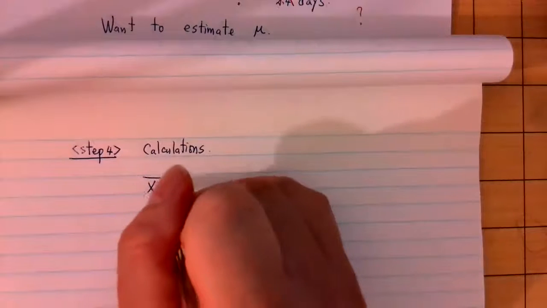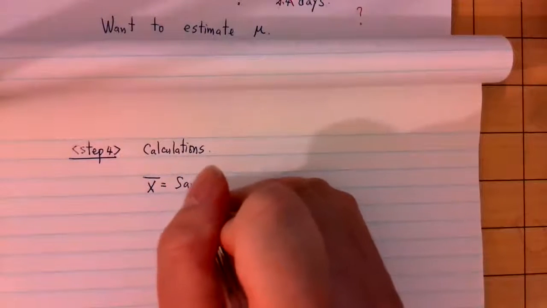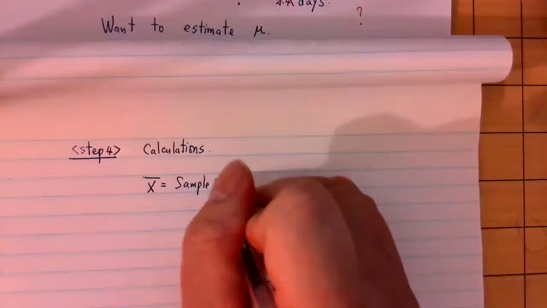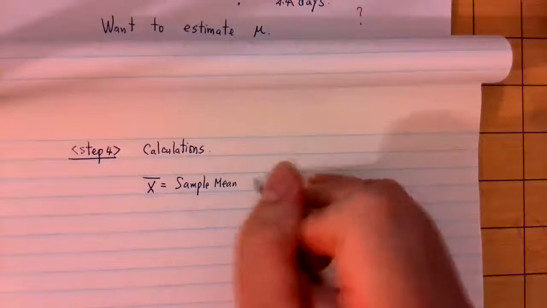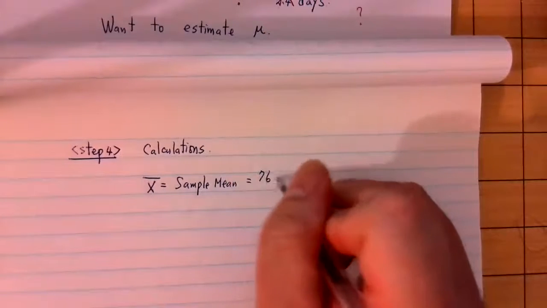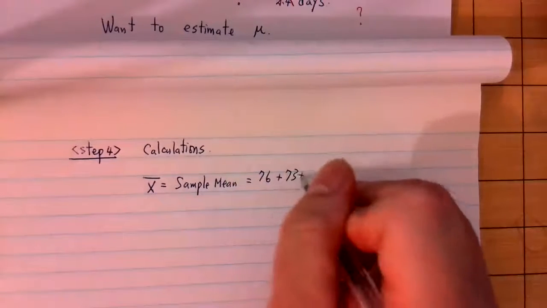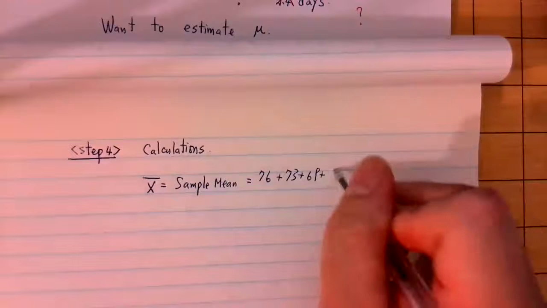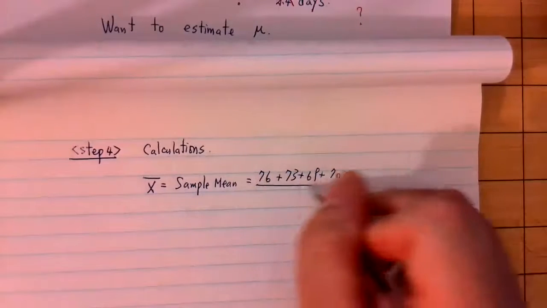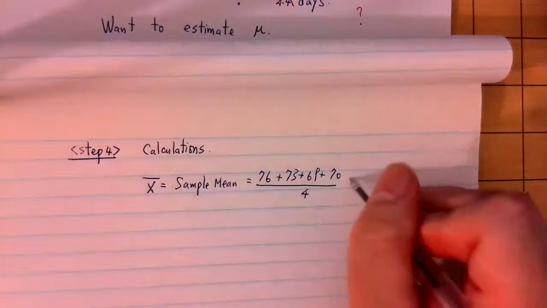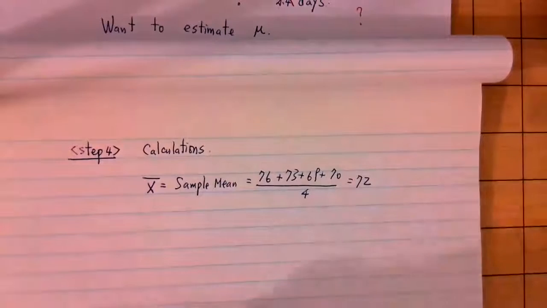X bar, the sample mean, is 76 plus 73 plus 69 plus 70 divided by 4, and this gives 72.